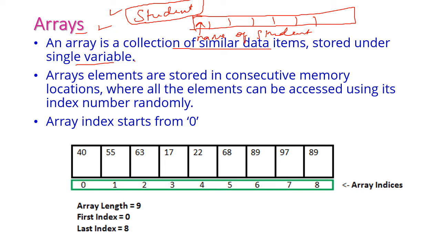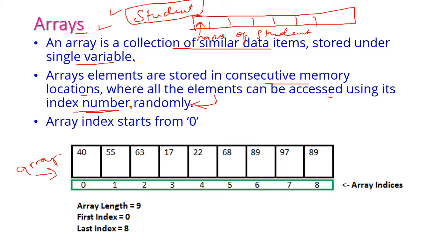Here, array elements are stored in consecutive memory locations, that is, continuous memory locations. Array memory location should be continuous. Here, the elements can be accessed using their index number, and the elements can be accessed randomly. For example, this is our array.